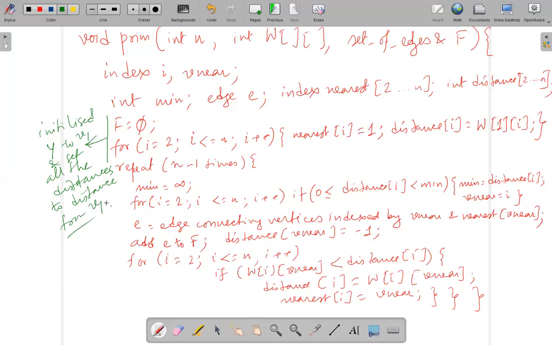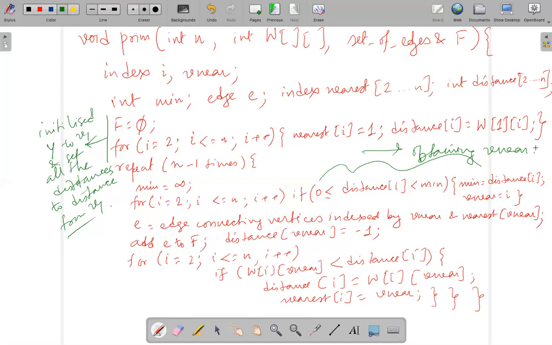The second part is where you are obtaining vnear, by finding the minimum among all the distance values, and the index that gives the minimum is set to vnear.